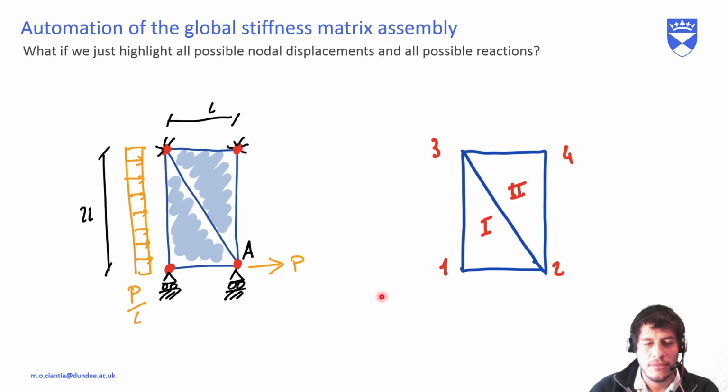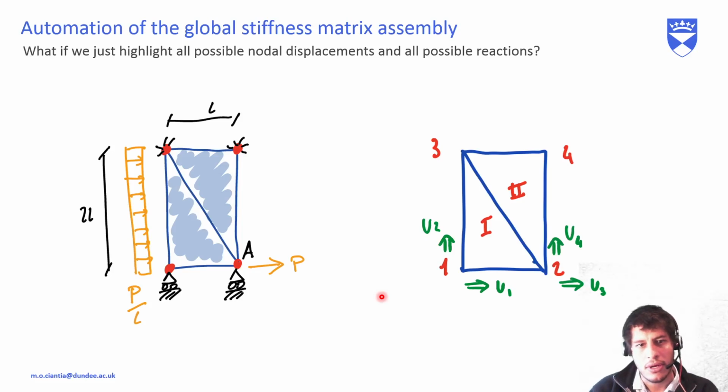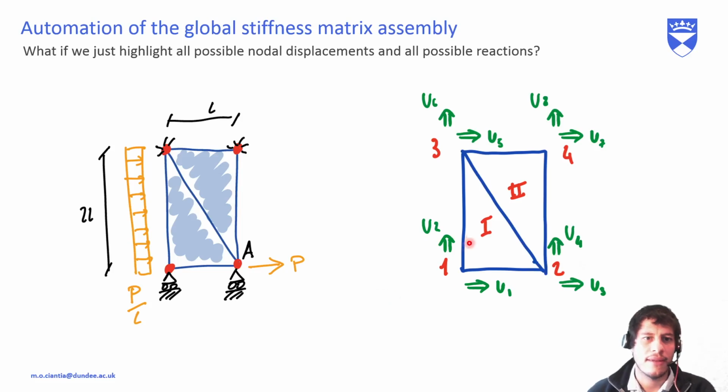So the first thing you can do is highlight all the possible global degrees of freedom. So U1, U2, U3, U4, U5, U6, U7, and U8. In general, we're not looking at the constraints. These are all the possible nodal displacements if our structure was flying. And we're not even looking at the loads for now.